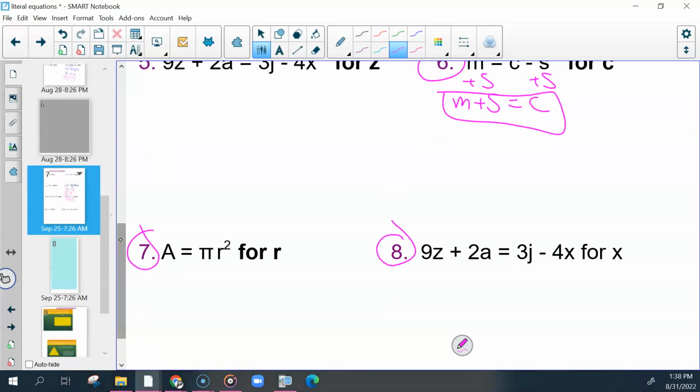For 7, if we're trying to get r by itself, we got to get rid of the pi, is what that symbol is, and the square. So we could divide by pi first.